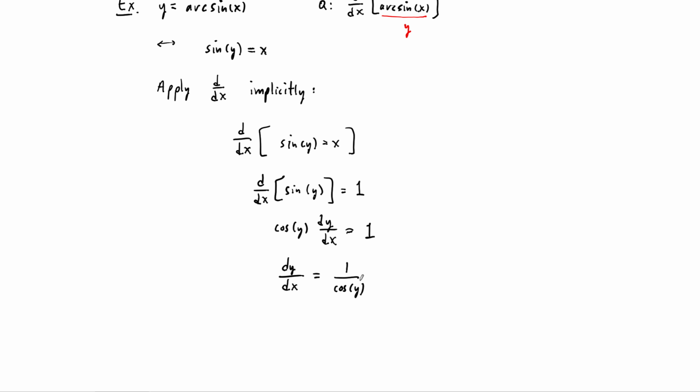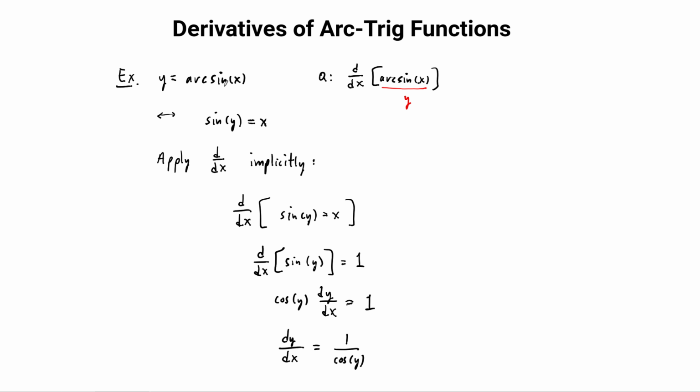But we can't leave it this way because the variable y is the function that we started with. We have to figure out a way to eliminate this y and get it back in terms of x. To do that, we can look at this equation, which says that sine of y is equal to x.